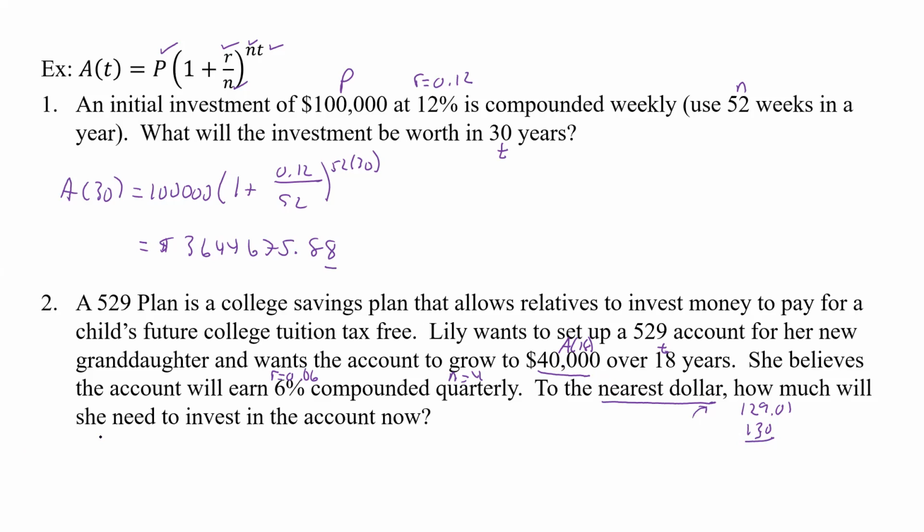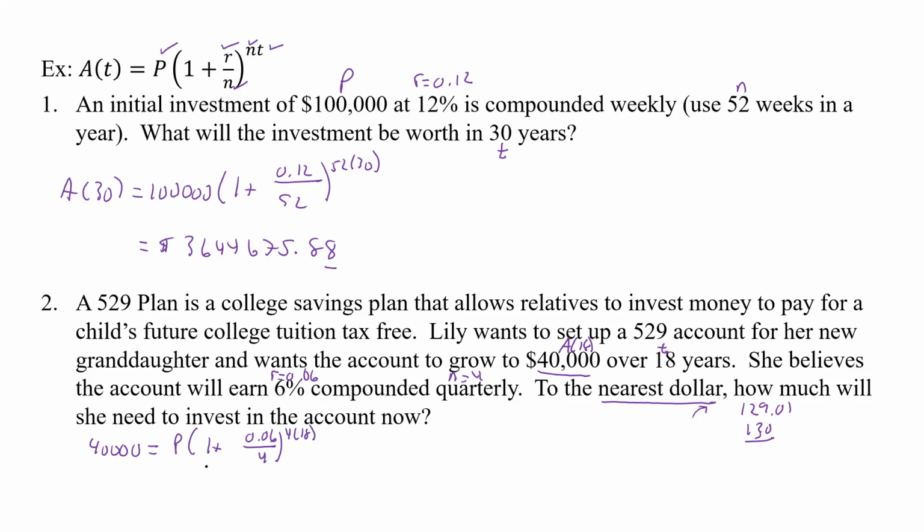So let's plug in everything we need. Well, we said A was going to be $40,000, and that was equal to, now we said our P is what we're looking for, so P times, then we have 1 plus our rate 0.06 over our quarterly 4, and that's raised to the 4 times T, which is 18.